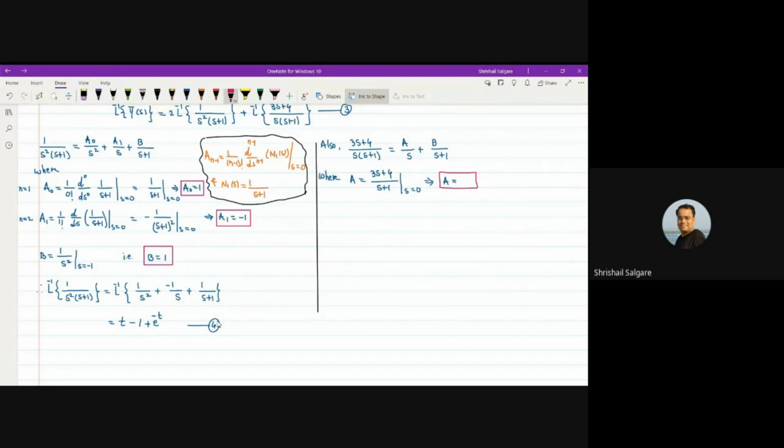In the same manner, B is given by, so calculate that.